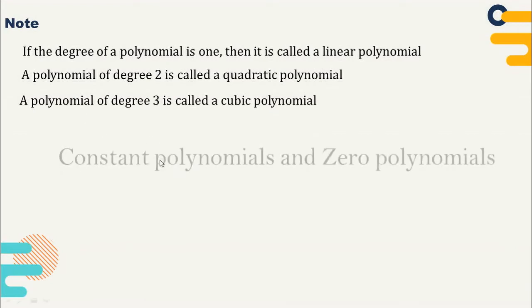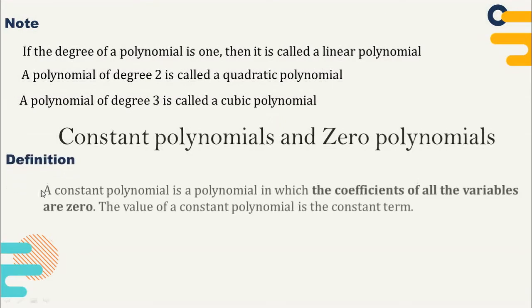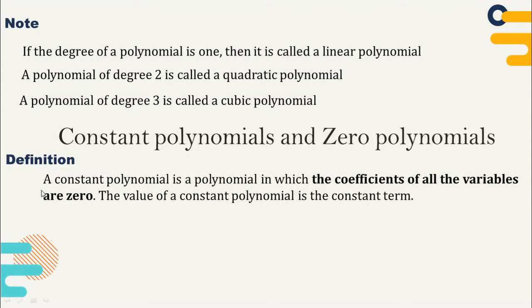So now let's jump to what a constant polynomial and the zero polynomial are. From the definition, a constant polynomial is a polynomial in which the coefficients of all the variables are 0. The value of a constant polynomial is the constant term.